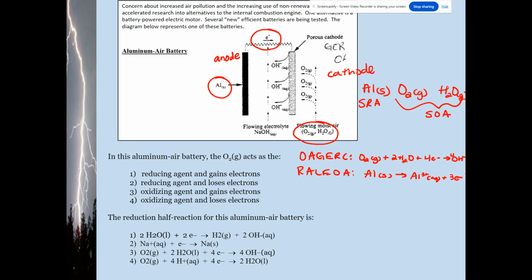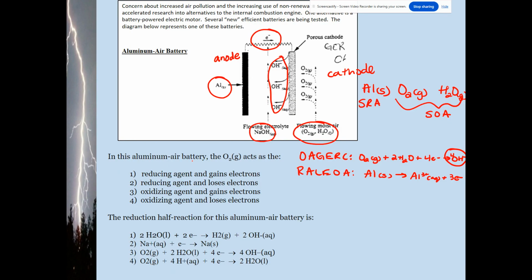So there are the hydroxide ions I said were being produced, that this diagram is showing. They're coming out. Something going in is a reactant. Something going out is a product. Now they also have sodium hydroxide here as the electrolyte in the solution, right, to allow the ions to flow to complete the circuit.